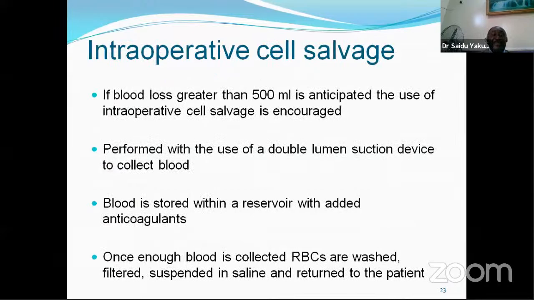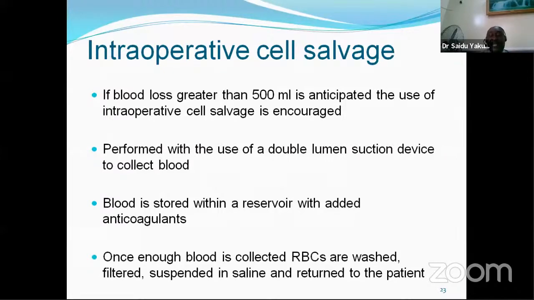Intraoperative cell salvage: if the blood loss is greater than 500 ml, there is need to consider the use of intraoperative cell salvage. It is performed with the use of a double lumen suction device to collect the blood. Blood is stored within a reservoir with added anticoagulants.